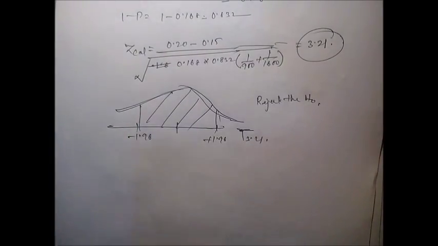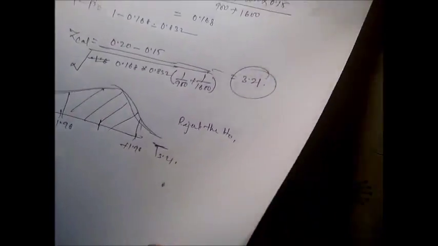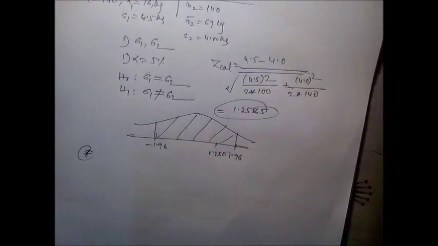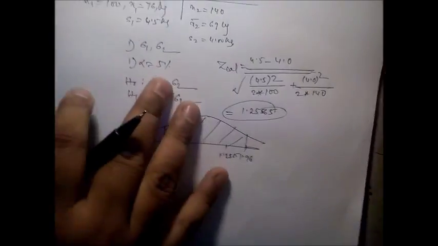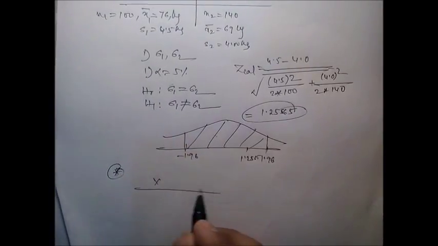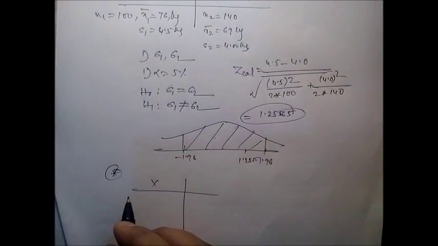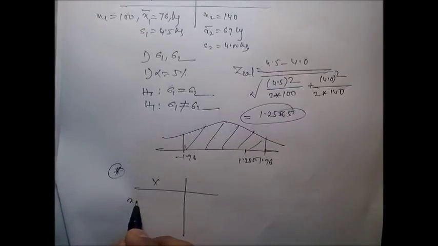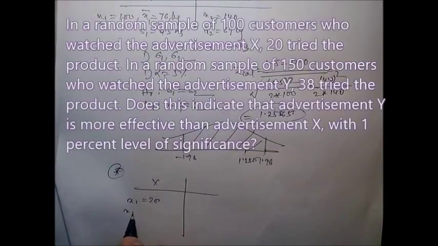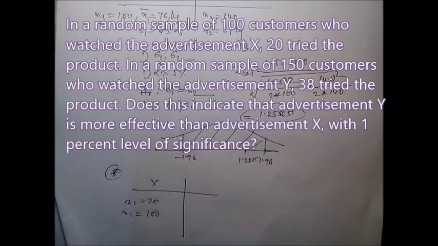Okay, next, test of significance. A random sample of 100 customers who watched the advertisement X, 20 tried the product. So for this particular advertisement, 20 tried the product out of 100 customers.